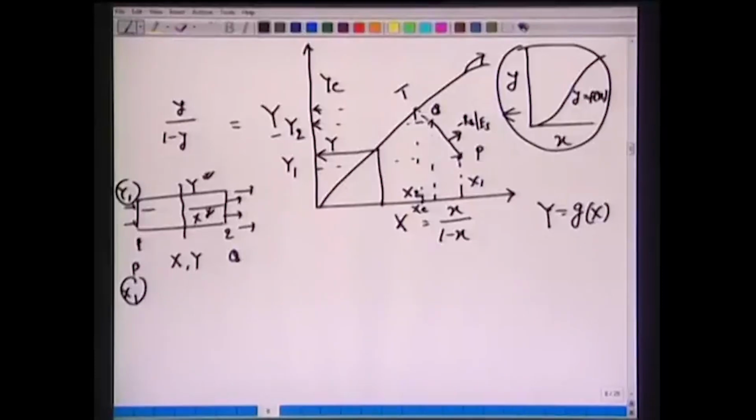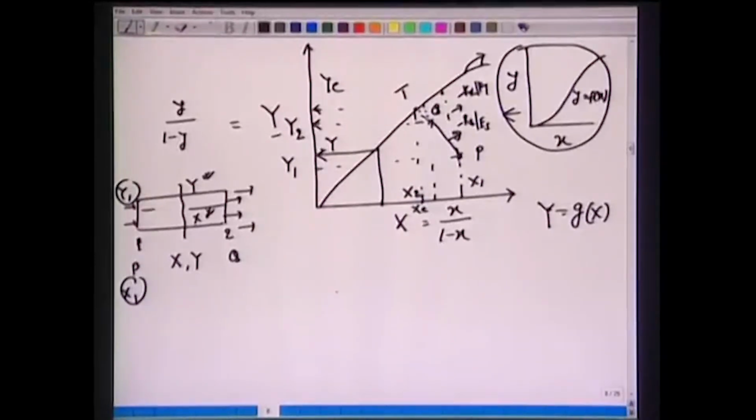What does the equilibrium curve give us? This gives us the equilibrium between the two streams. So if we have P here and we want to find the driving force, we have to draw a line of slope minus kx over ky. This operating line must not be mixed up with the equilibrium line, or with this driving force line, which is minus kx over ky. Similarly, we can draw another line here.